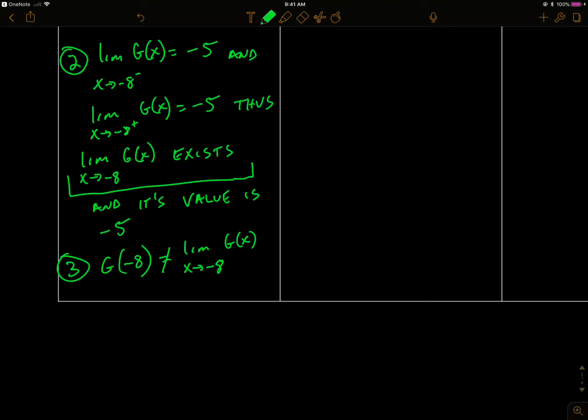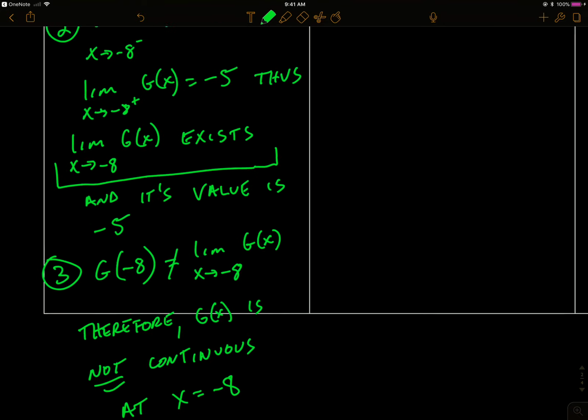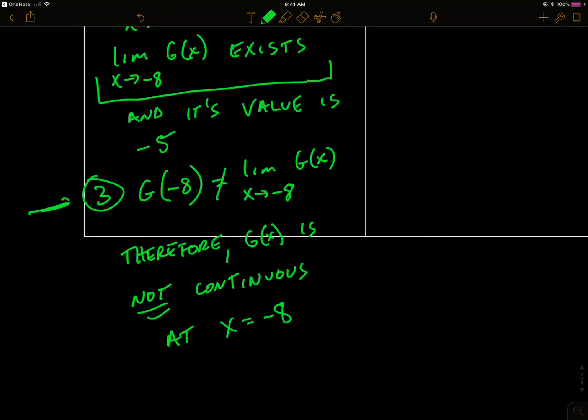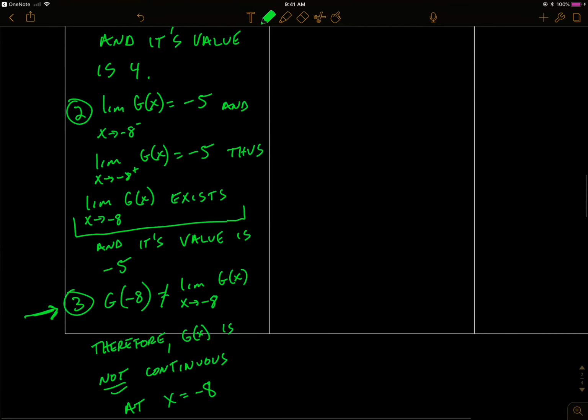So since they're not equal, I would say therefore, this time I have room, g of x is not continuous at x equals -8. That's the official definition. It's got to meet all 3 of those criteria. And why could I make this last statement and say they're not equal? Because along the way I found the values, right?